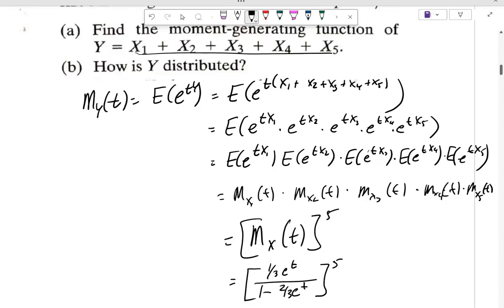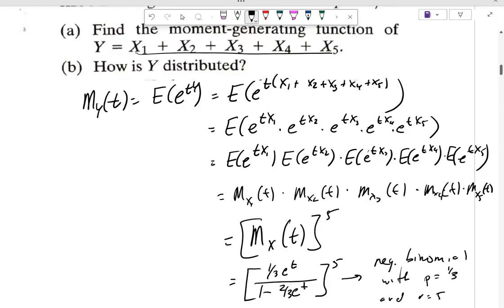What does that look like? Is that the moment generating function for a negative binomial? Yeah, with our p equal to 1/3 and r equal to 5.